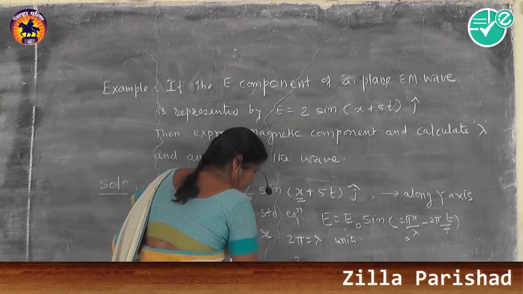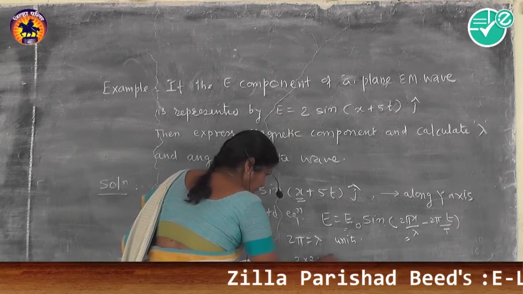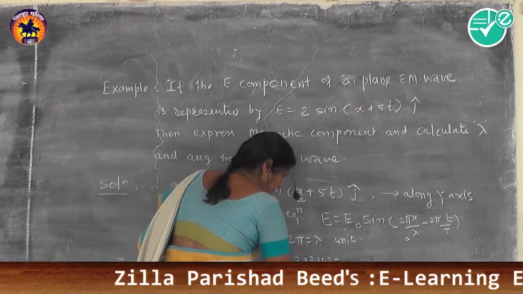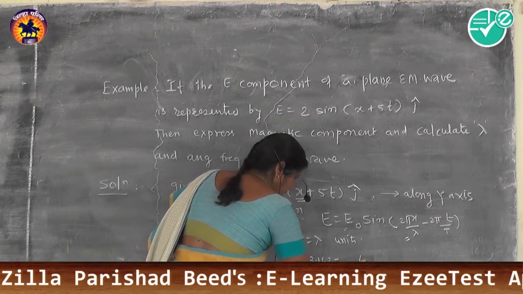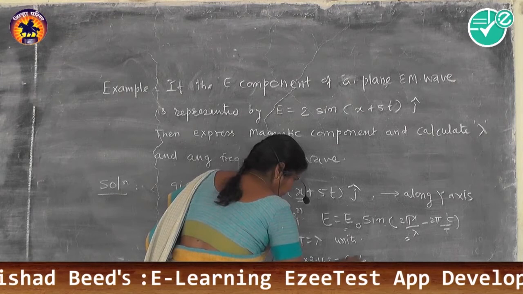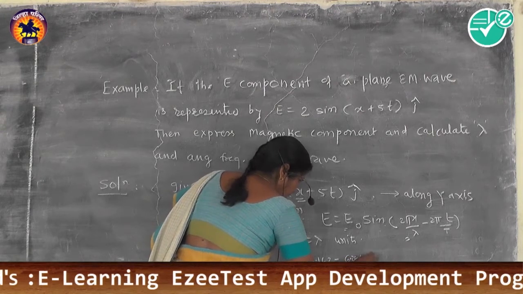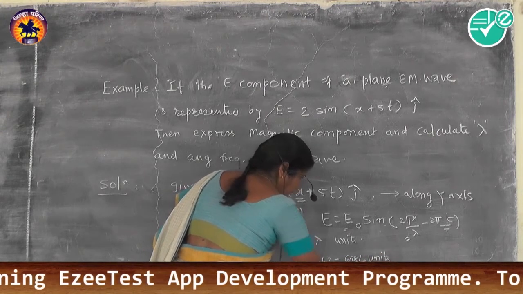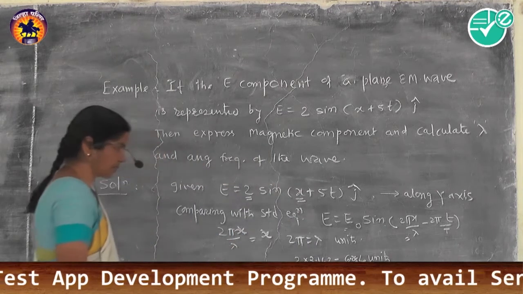It is nothing but 2 into 3.142, which is 6.284 units. This is the wavelength of the wave.